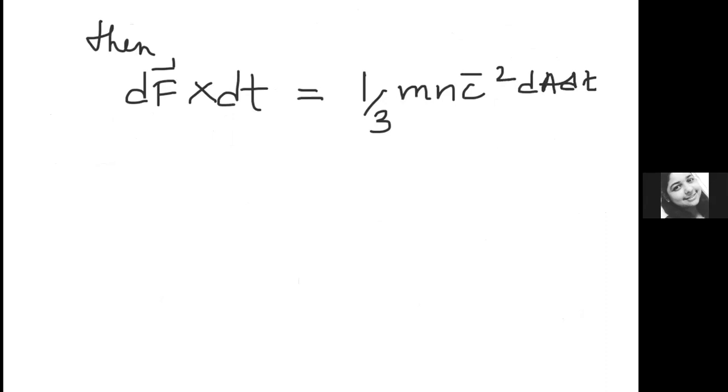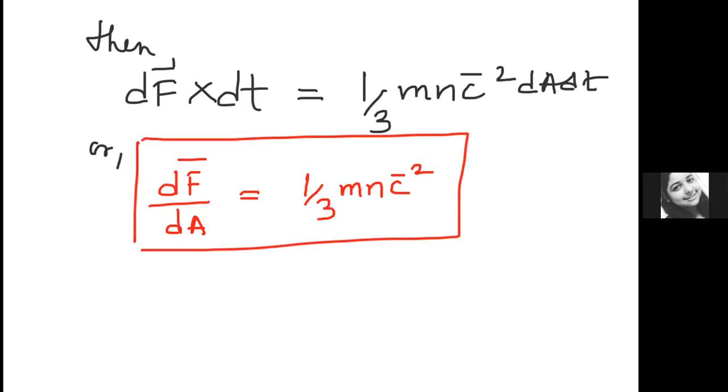We get this relation, or I can write dF by dA is equal to 1/3 m n c bar square.